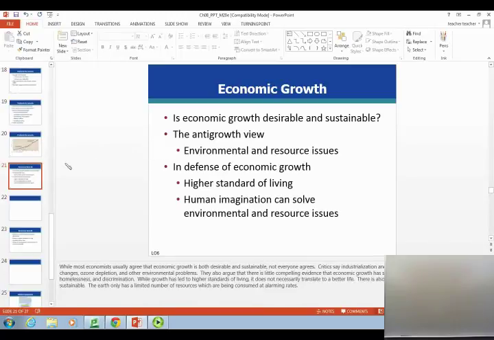More possessions does not necessarily equate to a better life. We're looking not only at material possessions, but also at what that means for our environment. The more things we produce, the more pollution, more waste, and use of our resources.